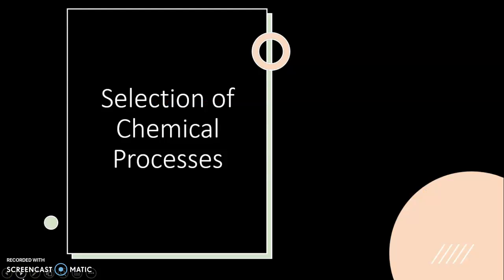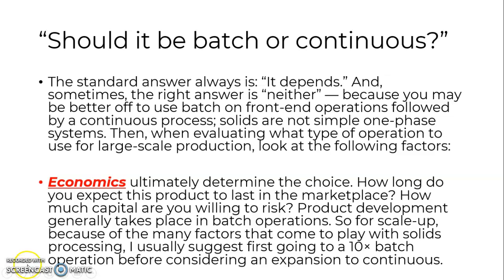Okay, and then we go to the next chapter, subtopic: selection of chemical processes. Basically, we should ask ourselves, should it be batch or continuous?